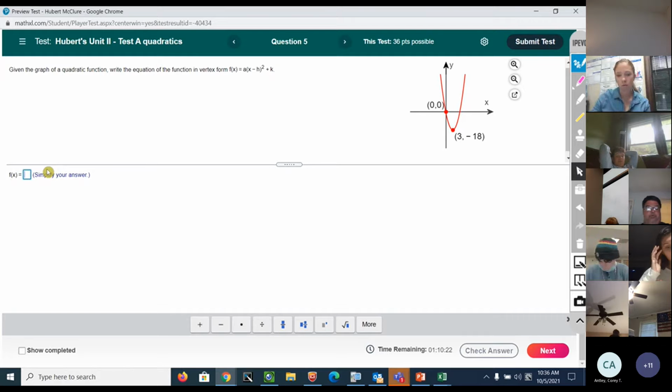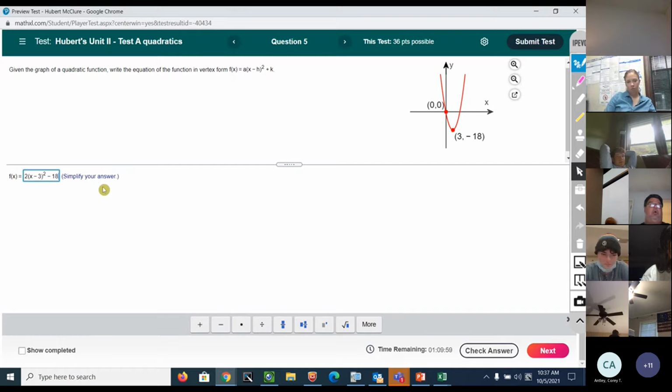And I don't know if they want to turn it into a quadratic or not. I'm going to type it in first: 2 parentheses x minus 3 quantity squared minus 18.